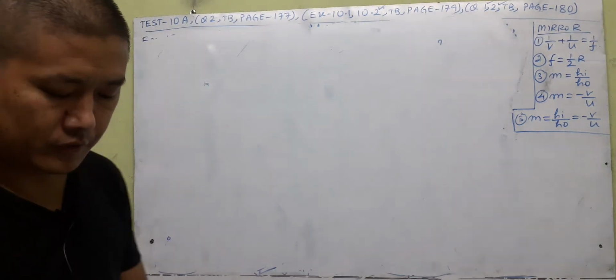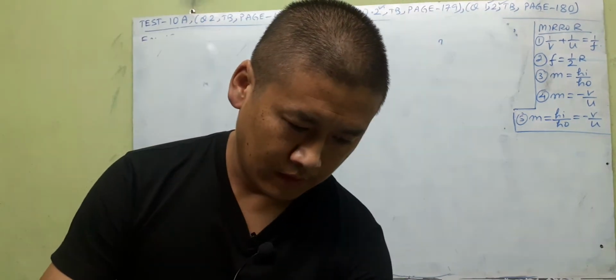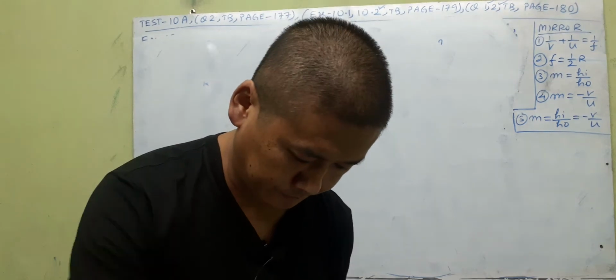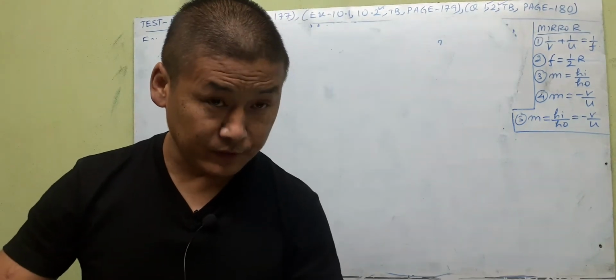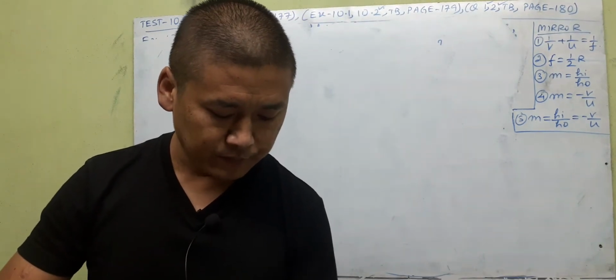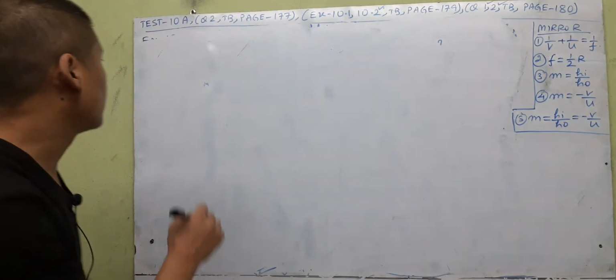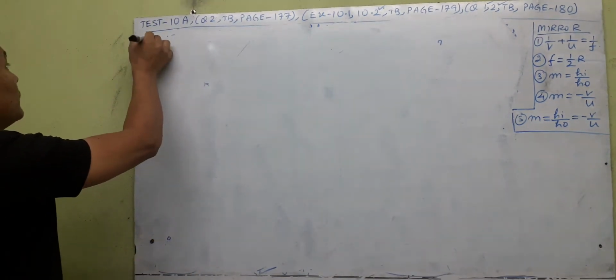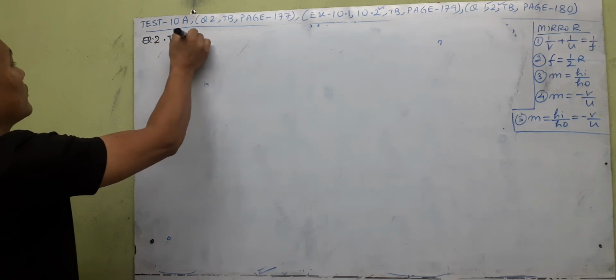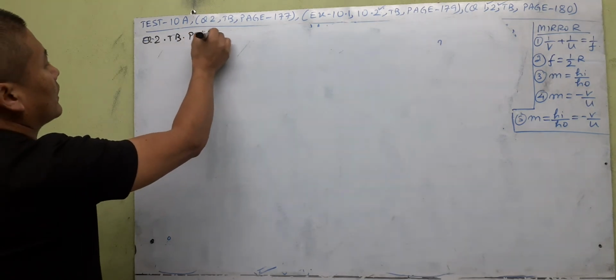Let me read the question for us. There, it is written, find the focal length of a convex mirror. I repeat, convex mirror. Radius of curvature is 32. So here, question number 2, textbook, page 180.